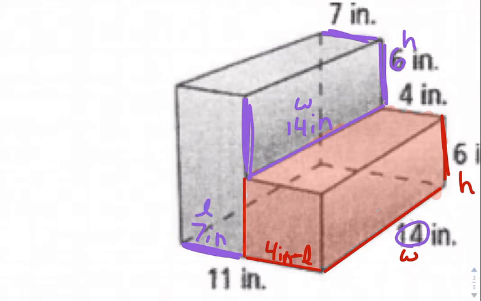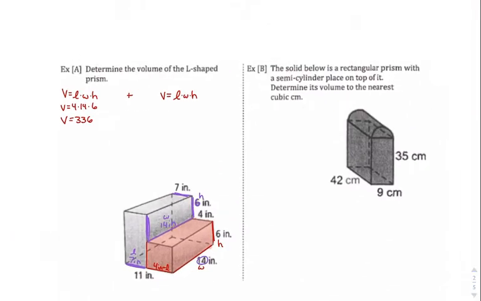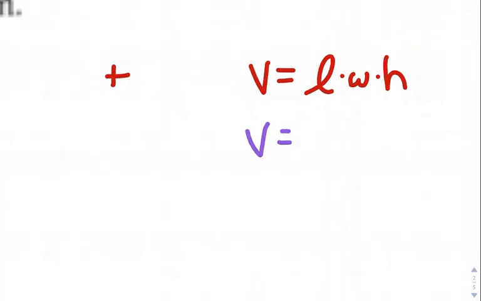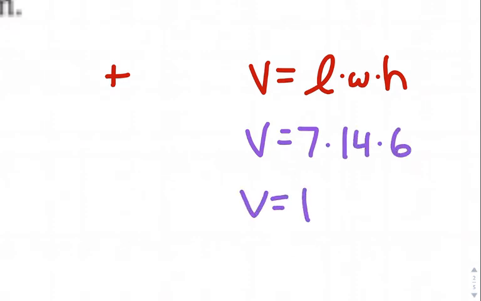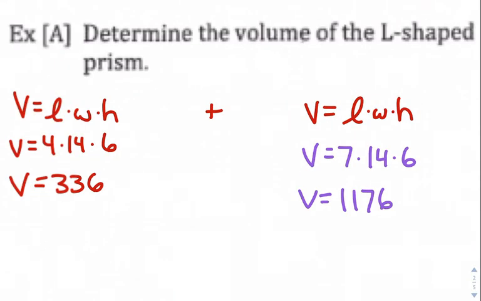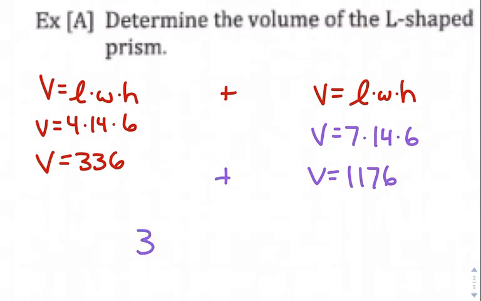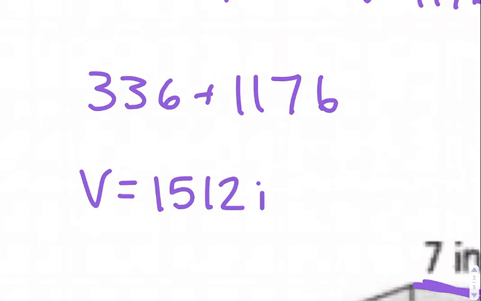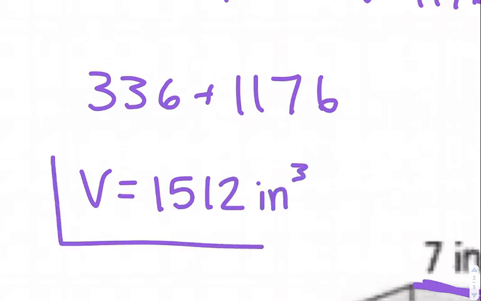It's going to be 7 times 14 times 6, and when I do that, I get 1176. So now I add together 336 plus 1176, and my total volume would be 1512 inches cubed.